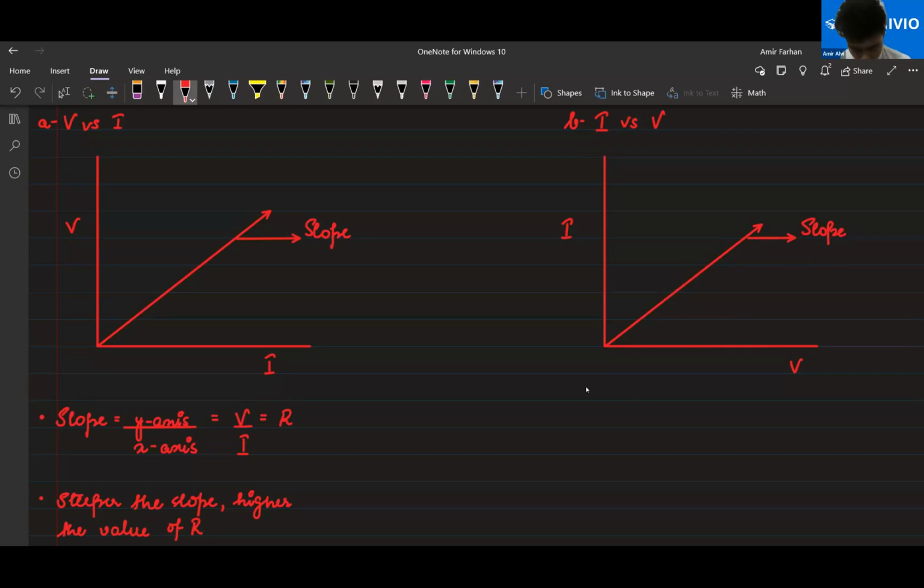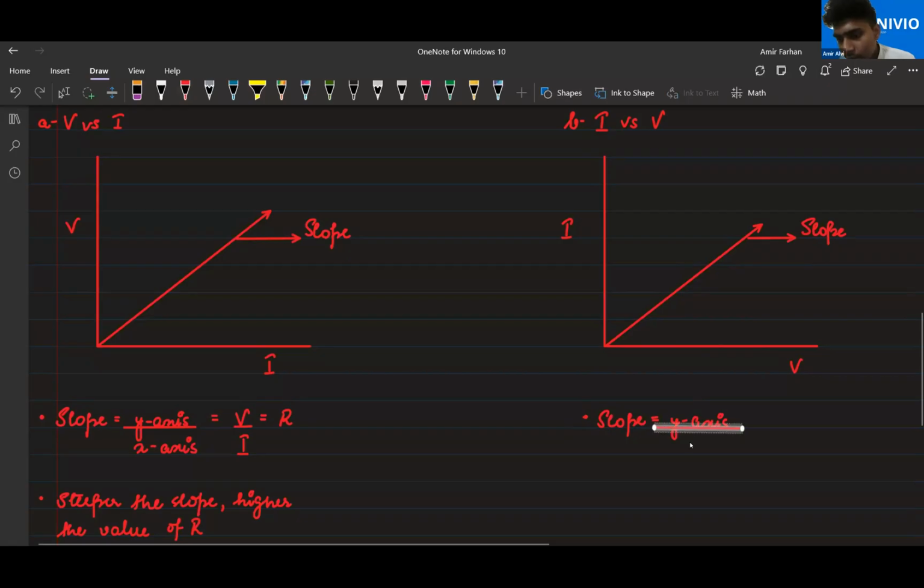And here, slope is equal to y-axis over x-axis again.